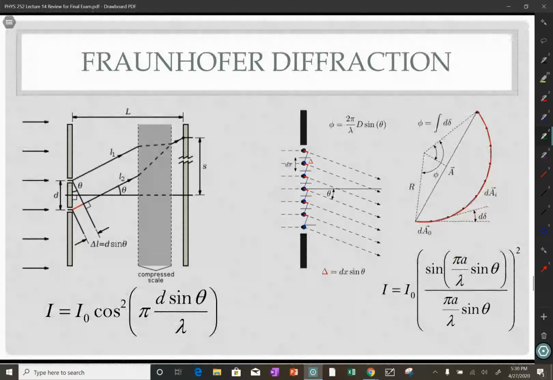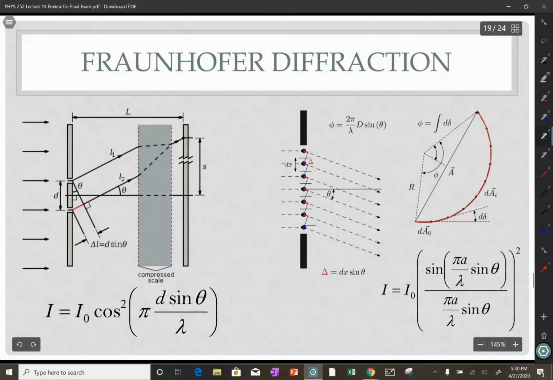Now, the Fraunhofer diffraction, this one was kind of complicated. The Fraunhofer diffraction with the double slit, that was not a big deal. But the single slit broke it up into an infinite number of little pieces, each one having a very small phase difference. And when you get to the screen, you add up all of those little phase vectors.